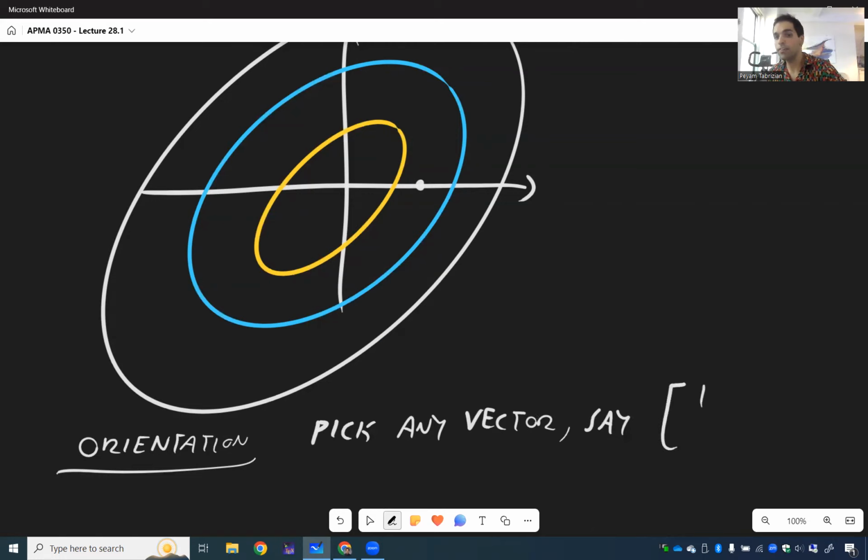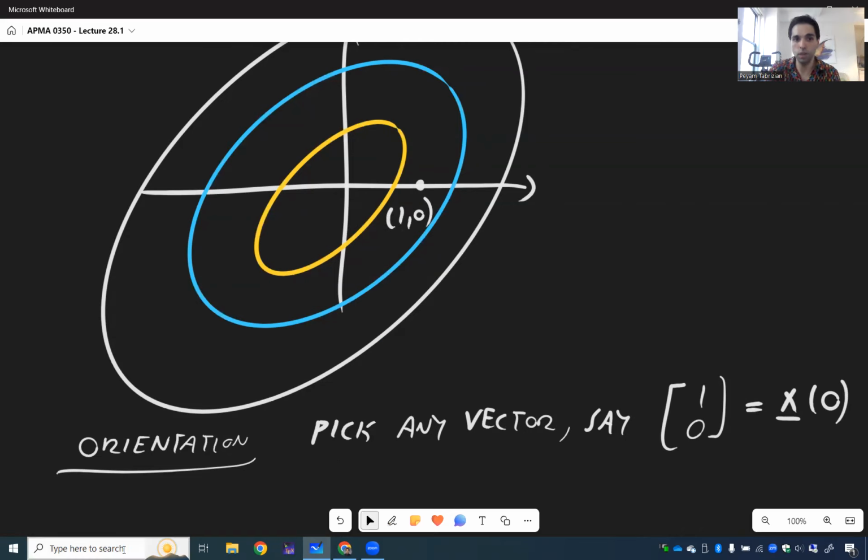Say (1, 0). Again, literally any vector that you want. I just picked (1, 0) for convenience. And consider that as your initial condition. And the nice thing is, the ODE tells you which direction the solution goes.